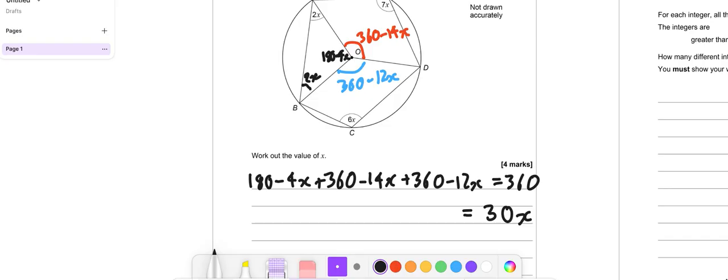We've got 180 plus that, so we've got 540 minus 360 is 180, 180 is 30x, so x is 18.